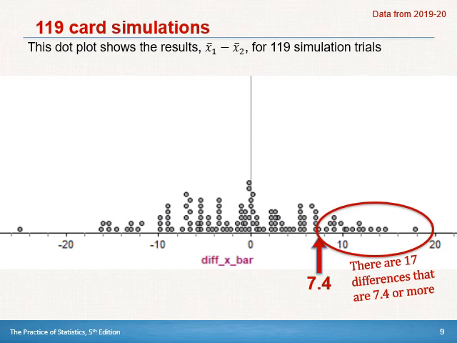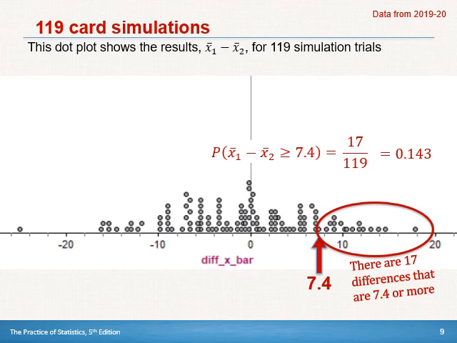And so what kind of a probability is that, right? Just by chance alone, we'd expect the difference x bar sub 1 minus x bar sub 2 to be equal to or greater than 7.4, 17 out of 119 times, or about 14% of the time. So that seems like a pretty big probability. That is actually evidence to support the fact that this could have happened just by chance alone.